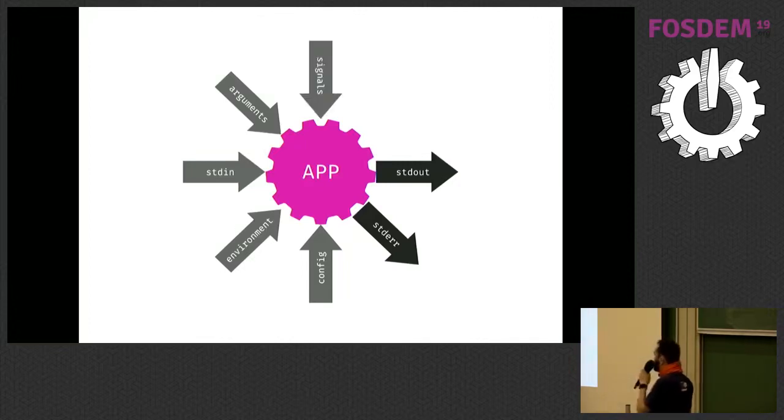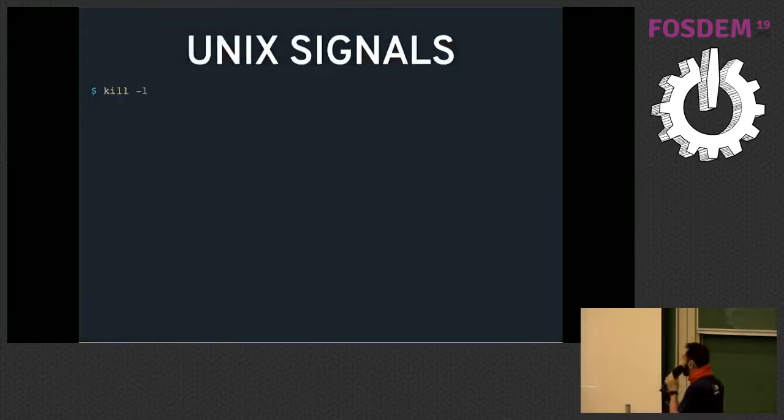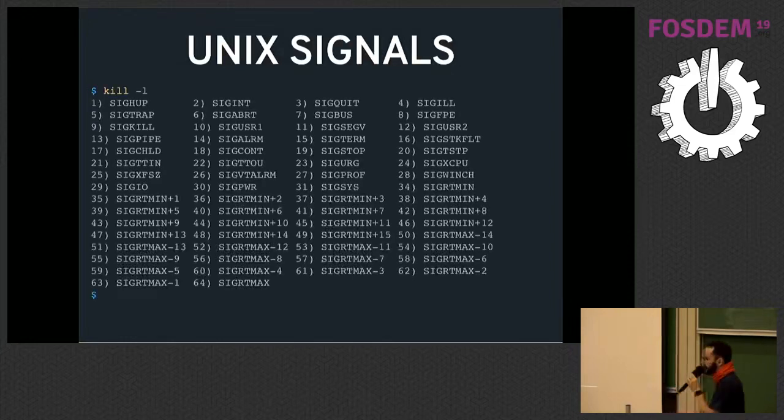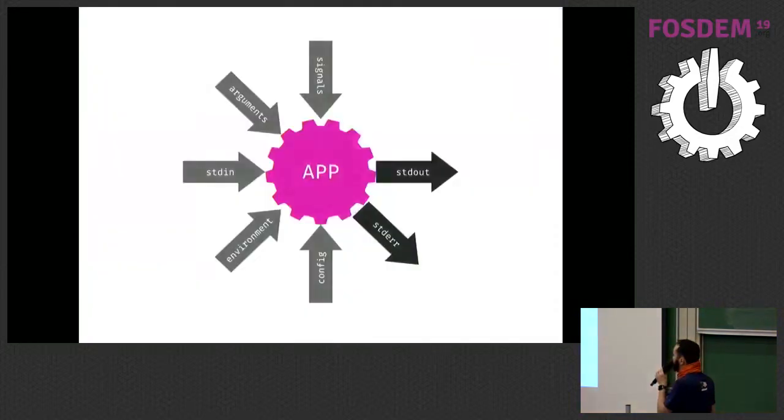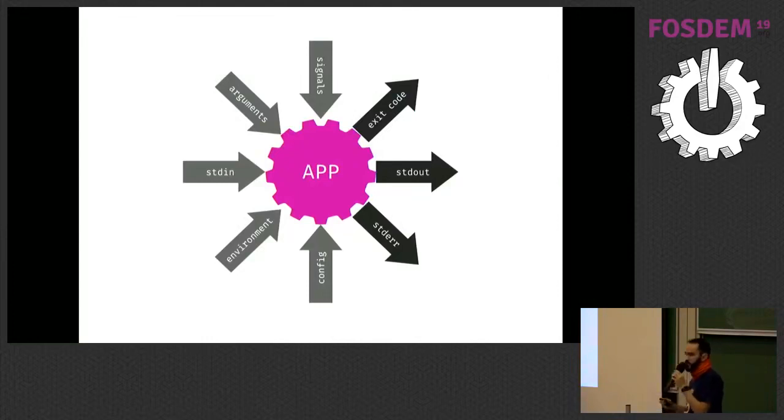But I still have some other stuff to mention. You can always have inputs as signals to your software. This is not covered by Oslo config, which I'm using, but this is another way you can interact with your software or application. And as an output, you can have an exit code, so you can pipe and create scripts with your software and see if it ran okay or not.